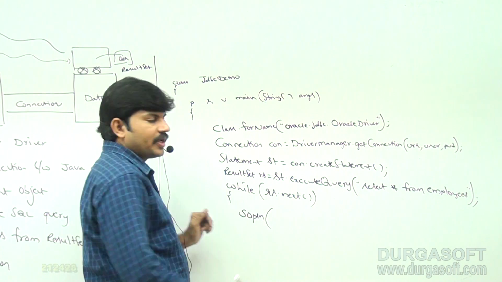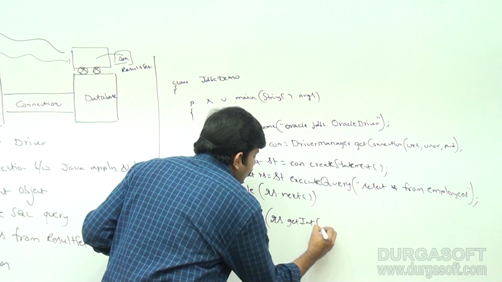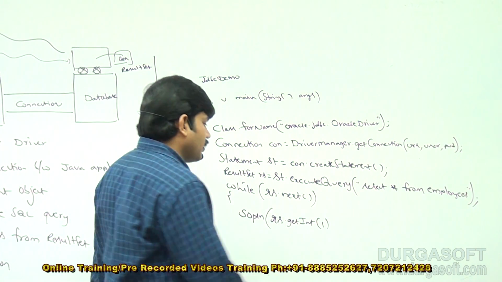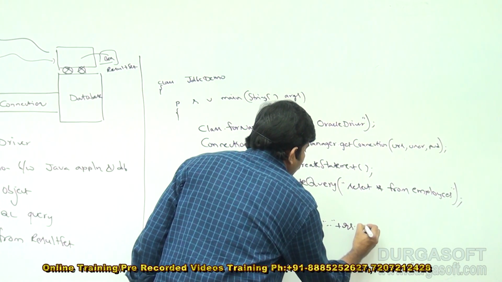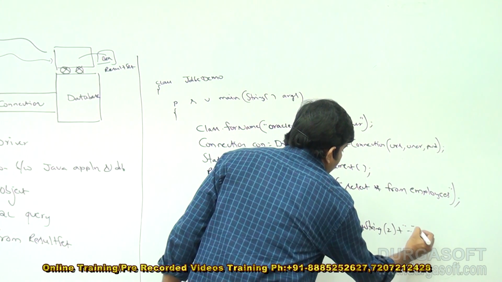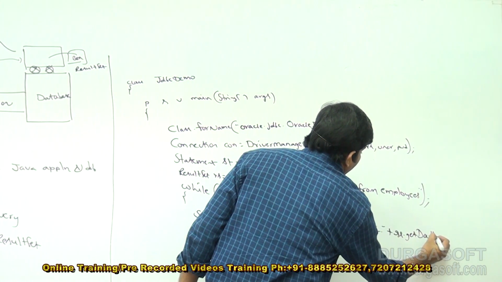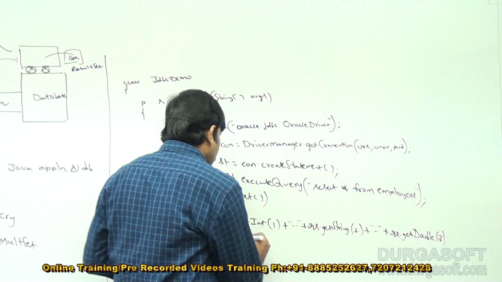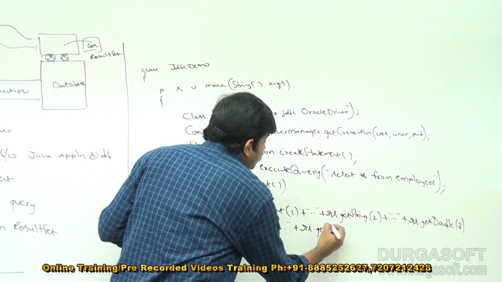System.out.println of rs.getInt(1) plus rs.getString(2) plus rs.getDouble(3) plus rs.getString(4).